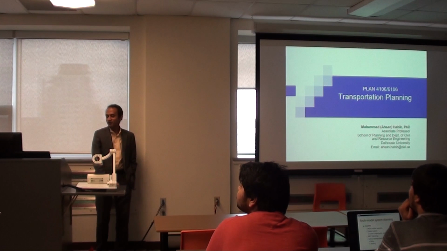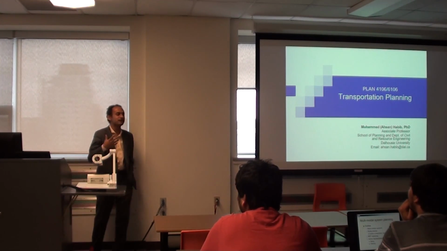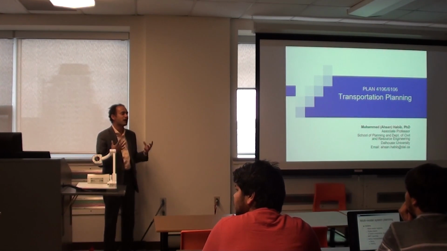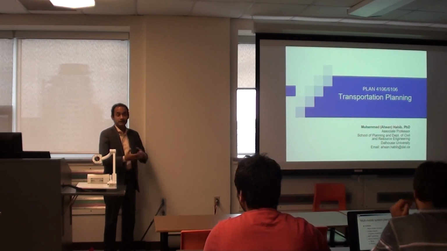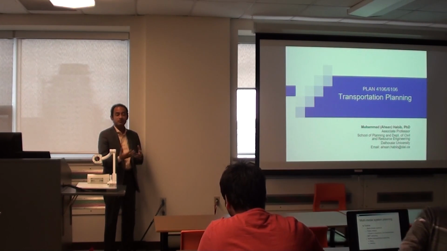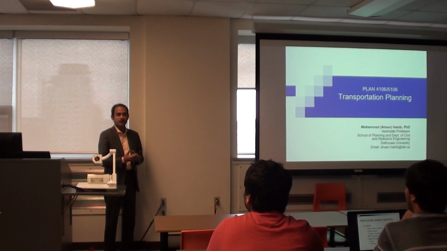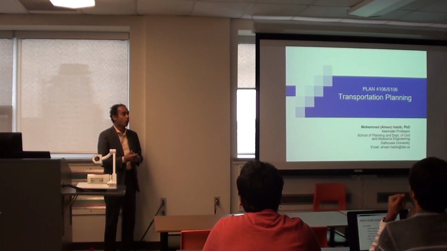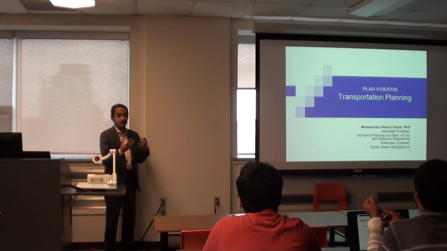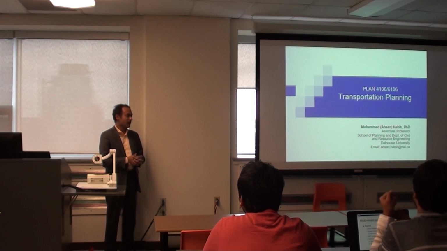Perfect. So if I summarize what we did in the last class, it is mainly trying to understand the data collection needs, like what type of transportation data we need to collect and what type of equipment we can use, both for traffic as well as travel demand.